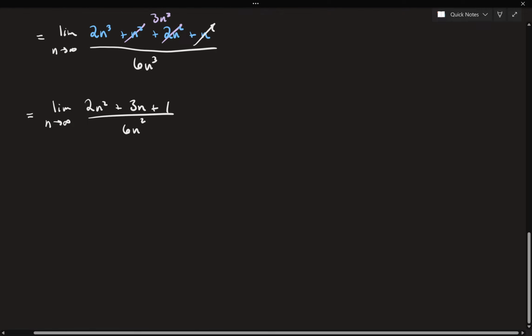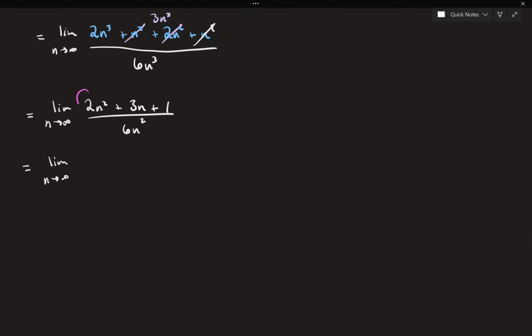Now I've got this limit. I'm going to split the fraction. There are a couple ways to do this limit, but this is just one of them. 2n squared over 6n squared is just 2 over 6, which is a third. 3n over 6n squared, I'll just write that out.